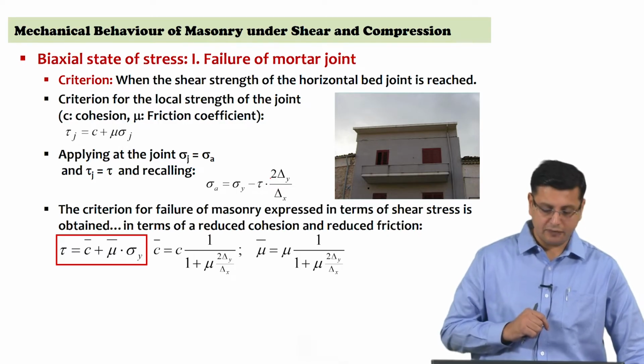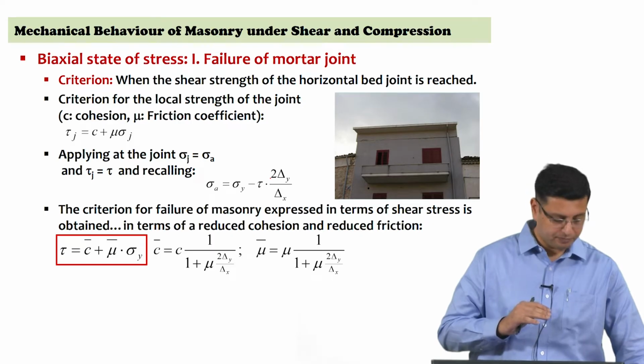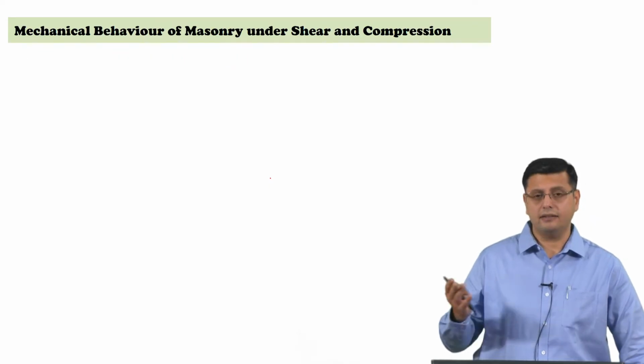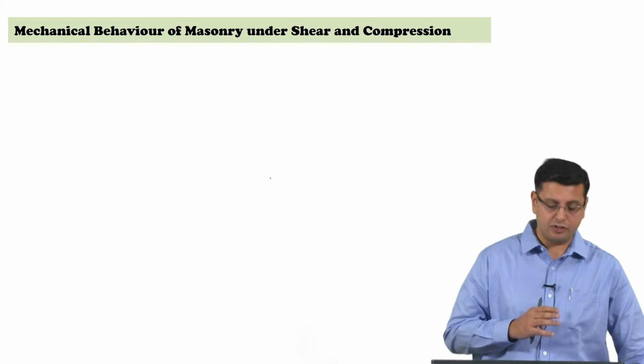So, that is the first failure criterion under low level of axial compression. We will look at the other two criteria.